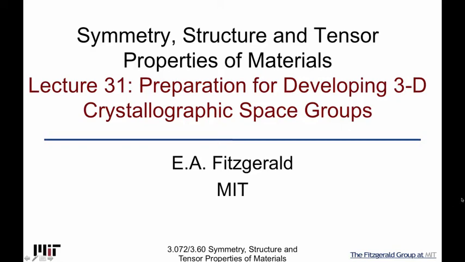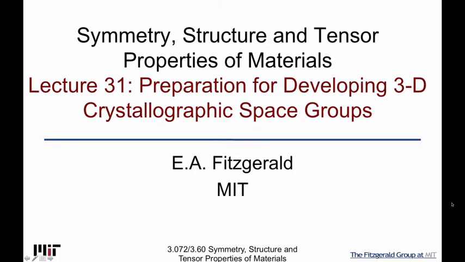Welcome to lecture 31, which is really the first lecture now in the second part of the class. The first part is the 2D space groups. Now we're just preparing for development of the 3D space groups, and then we'll start developing them.